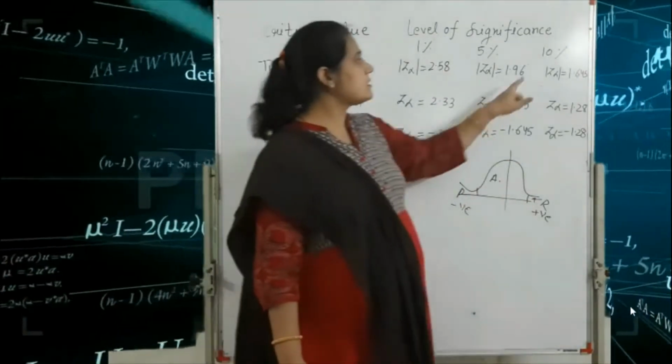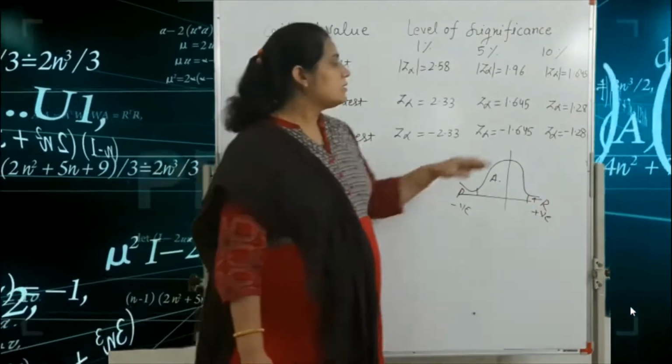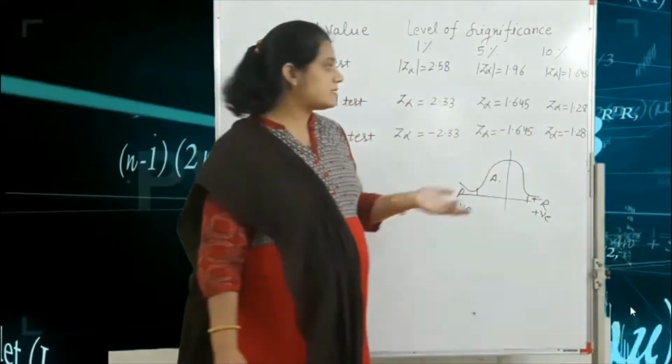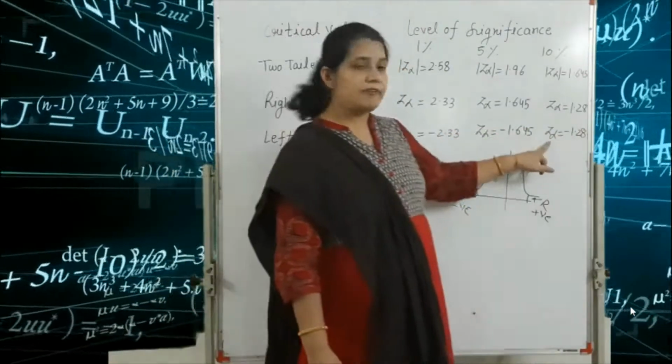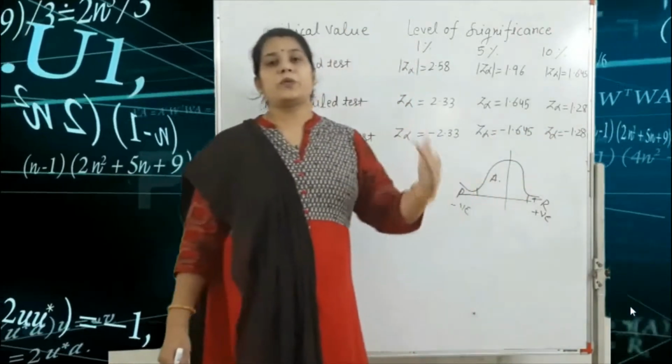Next is the 10% level of significance: in the right tailed test we write plus 1.28 and in the left tailed test minus 1.28.